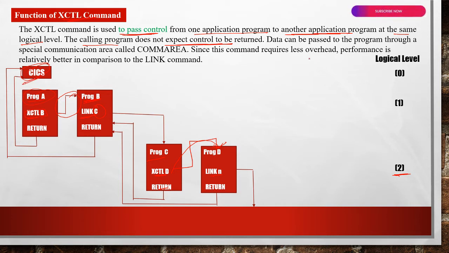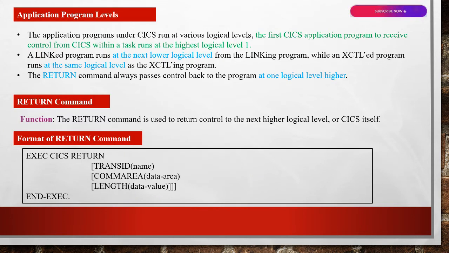And these are logical levels: at 0 there will be the CICS interface, at level 1 we have our application program, and at level 2 we also have application programs, like program C and program D.